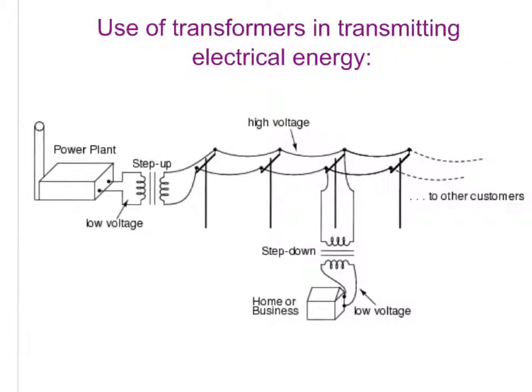So one more item to address before we leave this whole idea of transformers, and that is the use of transformers in transmitting electrical energy from the power plant to our homes. Once the power plant is ready to transmit all of that electrical energy to homes and businesses, a lot of the electrical energy is converted into thermal energy because of just the resistance of the wires.